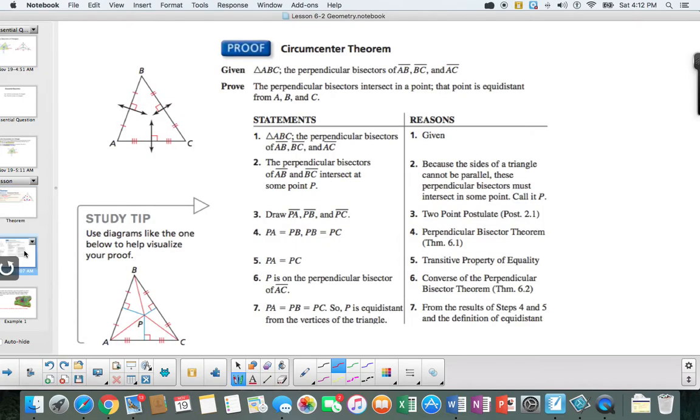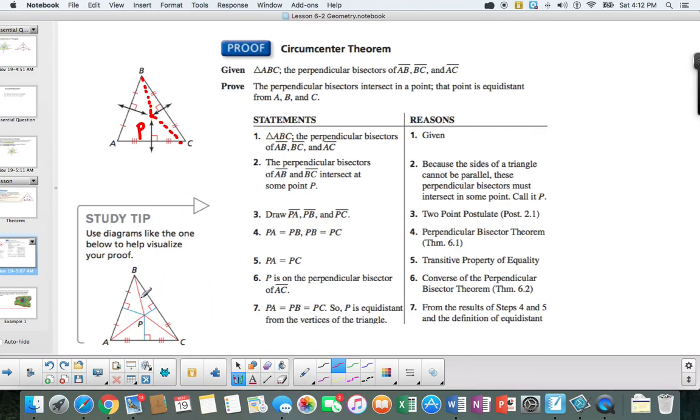Now, why is that true? Let's take a look at the theorem. Here at the heart of the theorem is the perpendicular bisectors, and here they all are. And they're all going to meet here at point P, and point P is located right here. Now, once you find them, then we know that the perpendicular bisector theorem says that this is going to be equidistant.